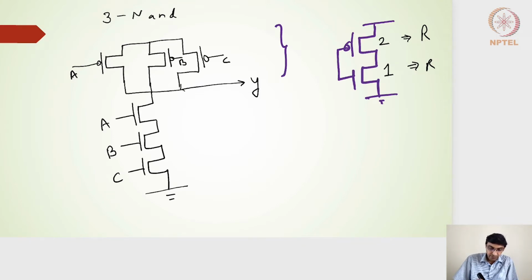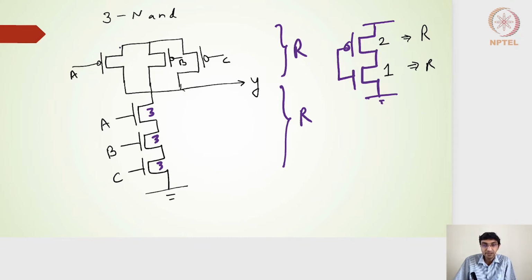In a similar way, if I want a rising and a falling resistance equal to R, the NMOS sizing of this three input NAND gate should be 3, 3 and 3. In the worst case, one of the PMOS transistors will be on and the other two will be off, so the PMOS size is 2, 2 and 2.